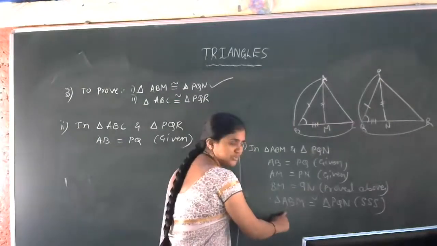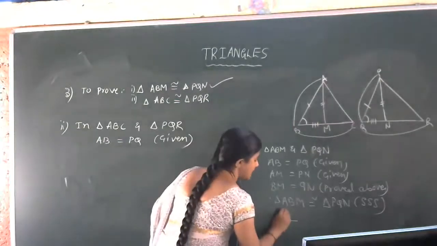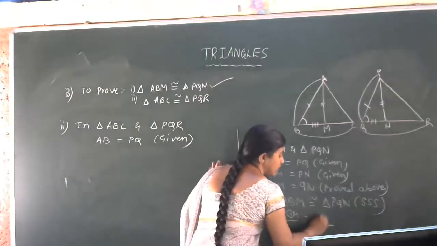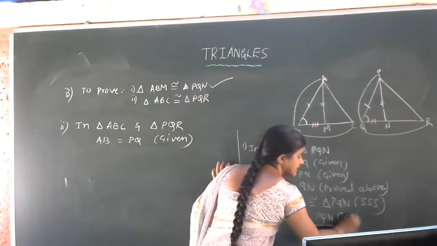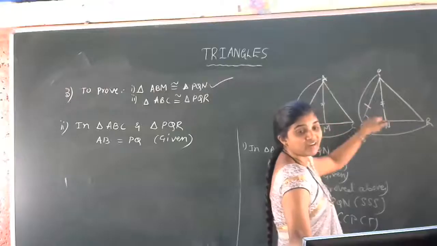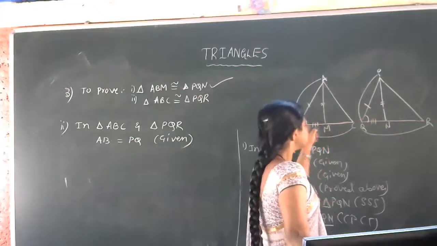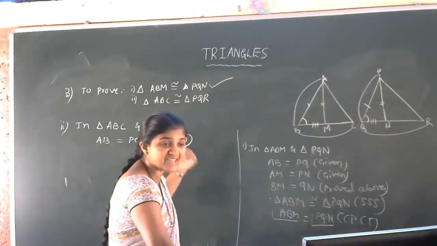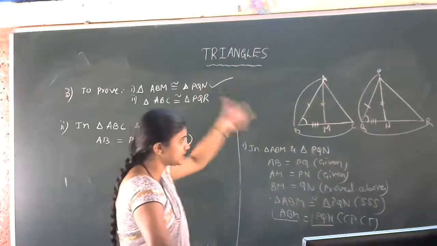Can I write the CPCT in the first proof? Actually the first proof is here, no? Angle ABM is equal to angle PQN, CPCT, because corresponding parts of congruent triangles. Now this CPCT of the first proof we can use for the second proof. Can we substitute that?